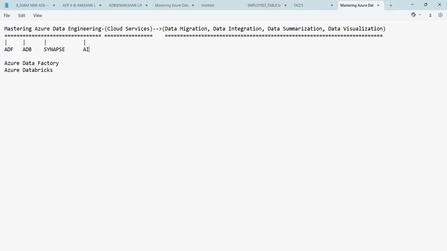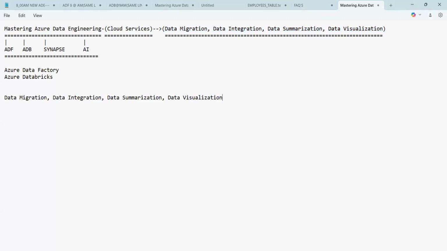Now, everyone, before we move ahead and understand what Azure data engineering does, first of all we have to understand these processes: what is data migration, what is data integration, and what is data summarization.